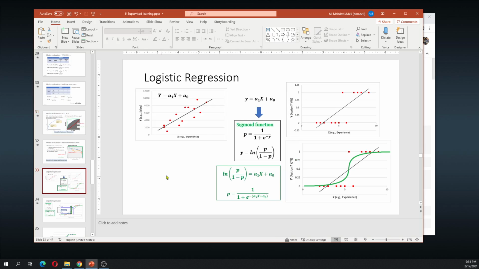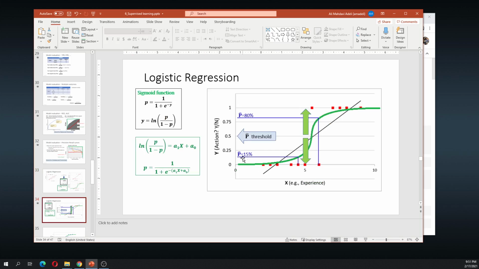Remember, in logistic regression what it predicts is basically this probability, and usually the threshold is 0.5. Given an input, the classifier predicts, say, 0.15, but we're going to assign it a 0 because it's less than 0.5.